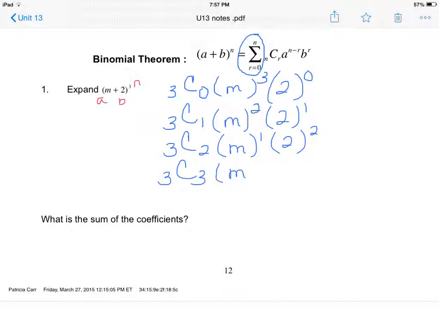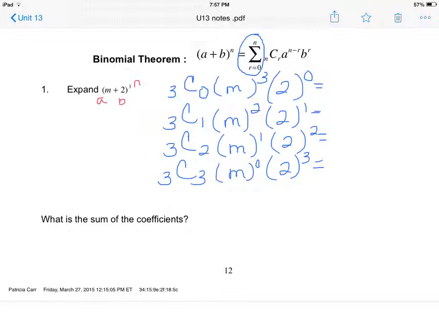Times m raised to the 0 times 2 raised to the third. Now let's take a look at this. Was that true? Was my a value, which is my m, did those exponents descend? And did my b value, which is 2, did those exponents ascend? Yes, they did.